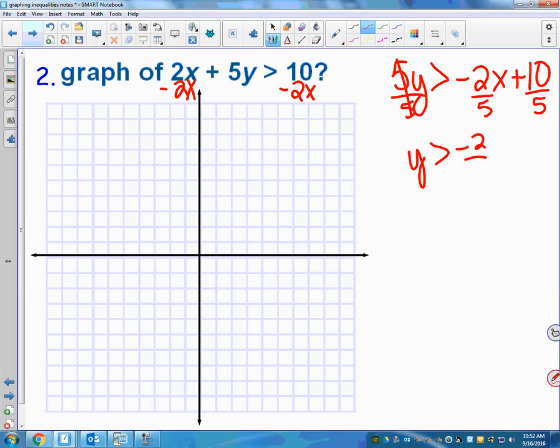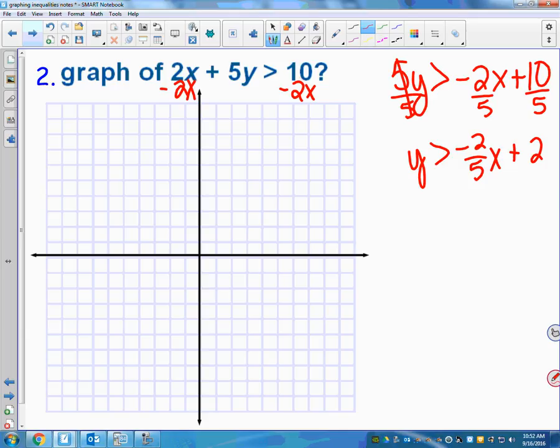And I have negative 2/5 x, and 10 divided by 5, which could be a fraction sometimes, but this one's not, is plus 2. So I'm just trying to get y by itself, right? So I move the addition or subtraction, which is the x, and then that multiplies, so I divide by the 5.